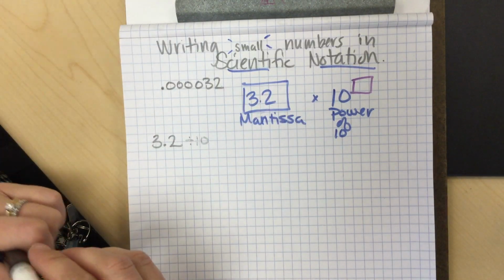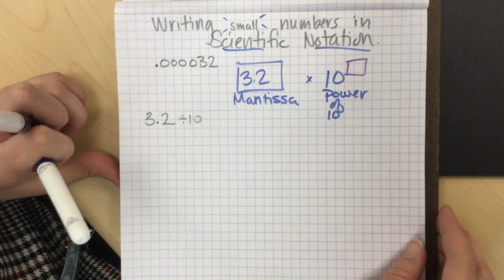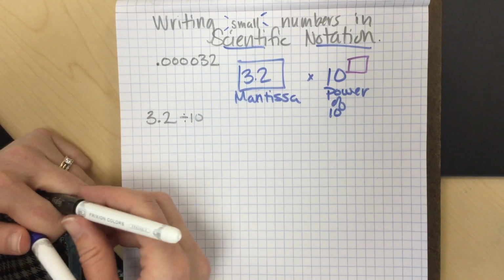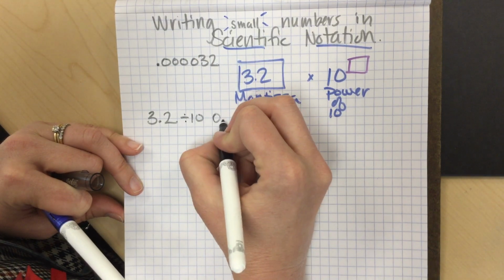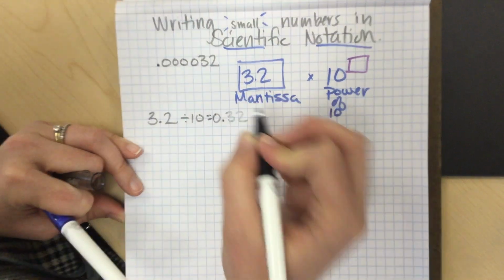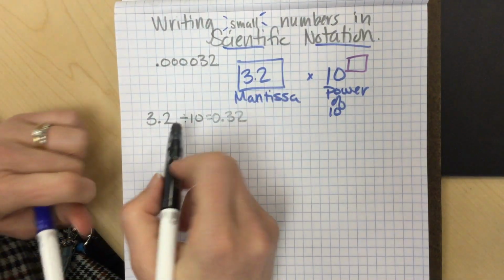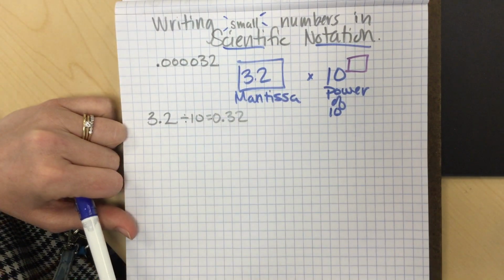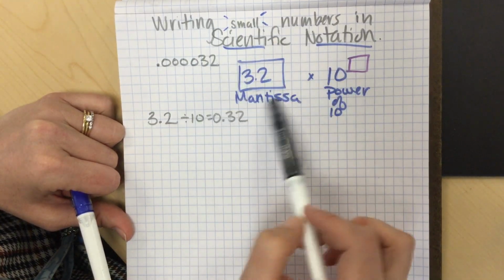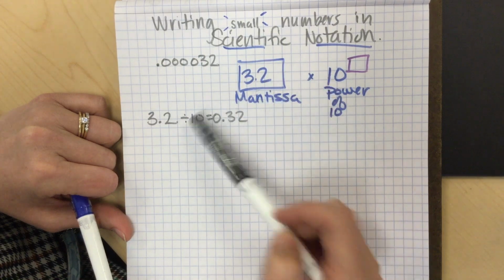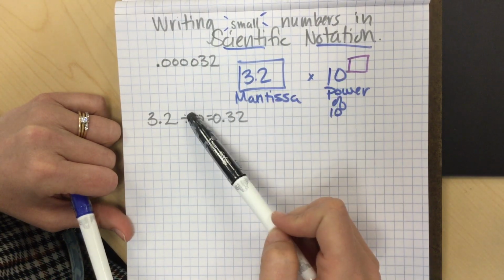When I take 3.2 and divide by 10, I get the number 0.32. Now, division isn't going to help me get to this format as is. But I know that division and multiplication are related to one another.